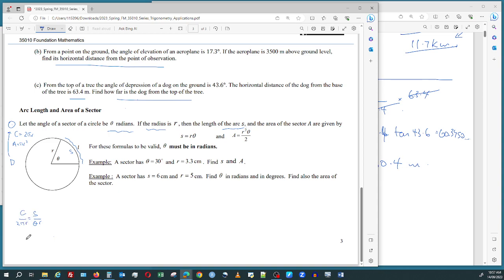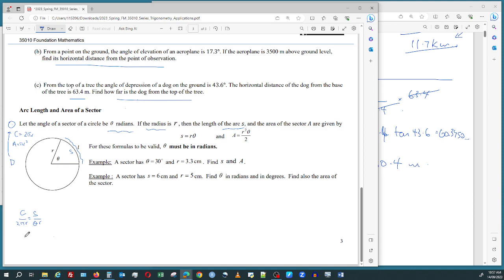You can do the same thing for area. The r squared theta combination is a proportion of the total area, and it's theta that makes the difference.